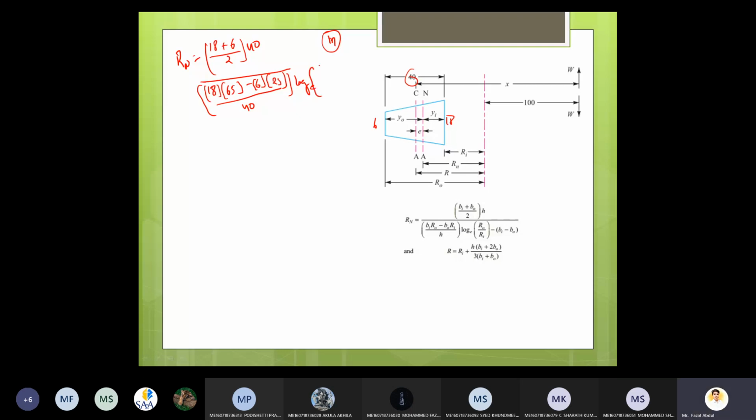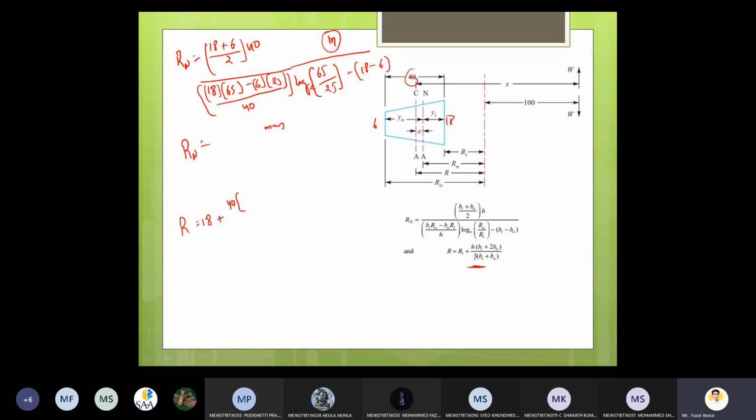Log R naught, that is 65 by 25, minus Bi. Bi how much? 18 minus 6, B naught. So tell me the Rn value in terms of mm. Okay. Now R. What is R? Here is the equation. Ri, that is 18 plus H 40.